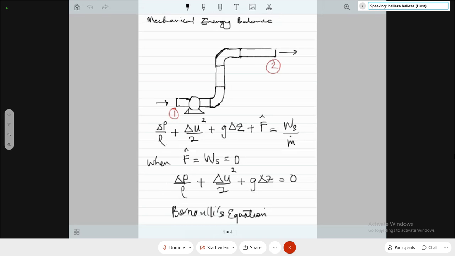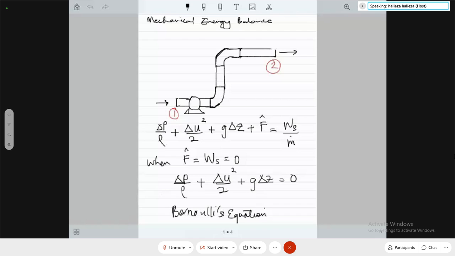Okay, this is from my iPad. Over here, I have written down the equation for Bernoulli and also the top equation for the mechanical energy balance. I already explained what the symbols are. When you look at this type of problem, you need to give two locations to your diagram.